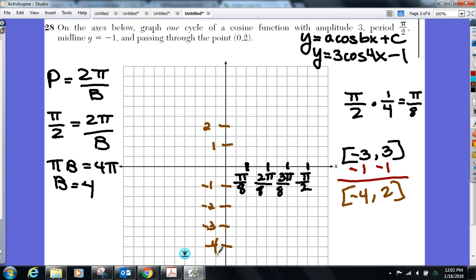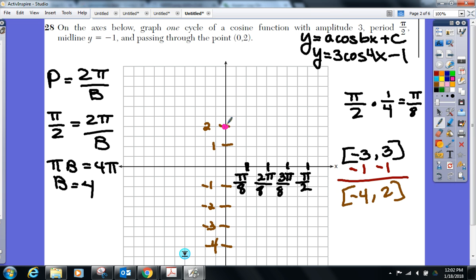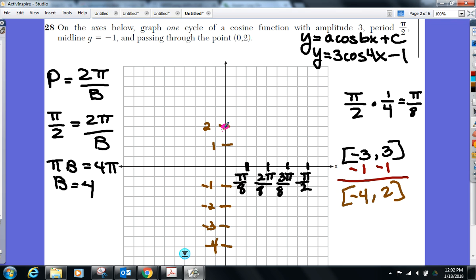Megan, what curve are we graphing? Cosine curve. All right. Where does cosine start? Max, which is 2. So it's going to start at its max, went to its midline, right? Went to the midline, -1. Ended up where now?